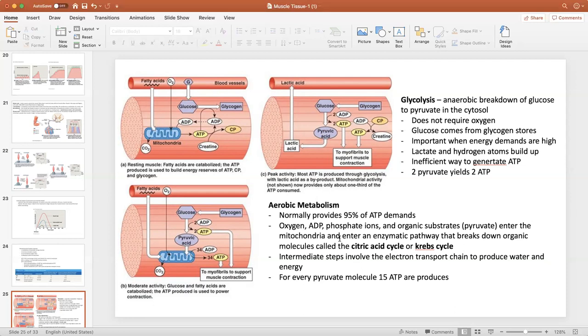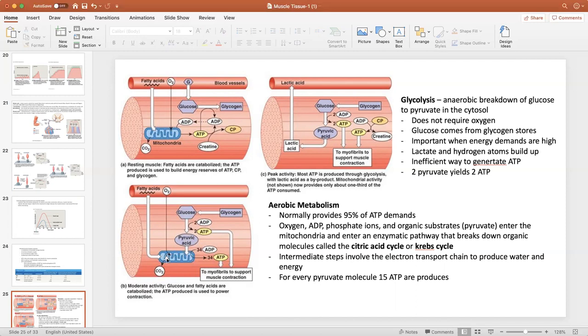And we'll look at the specific muscle fibers in a minute that use mainly glycolysis. And then most of the other muscle fibers use aerobic metabolism. So this is where we have oxygen. We have mitochondria. So we have our glucose and we turn it into pyruvic acid.